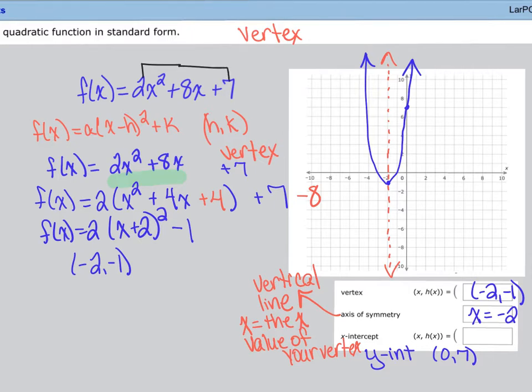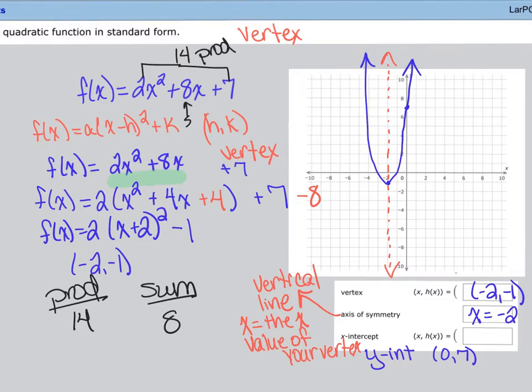What is 2 times 7? 14. This is the AC method. So my product is 14. What's my sum? 8. My sum is always that B value. So there's my product, there's my sum. Are there two numbers that multiplied together give me 14 and added together give me 8?